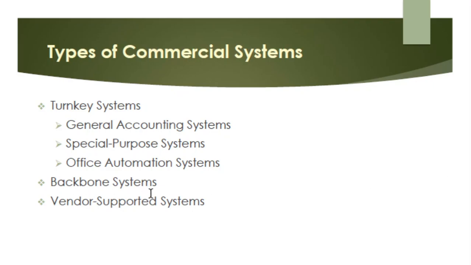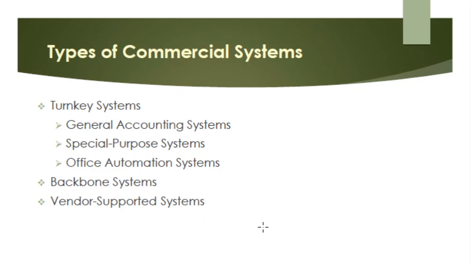A backbone system provides a basic system structure on which to build. By the name itself, it is a backbone. If you relate it to a human body, it's like your spinal cord. The vendor designs and programs the user interface to suit the client's needs.